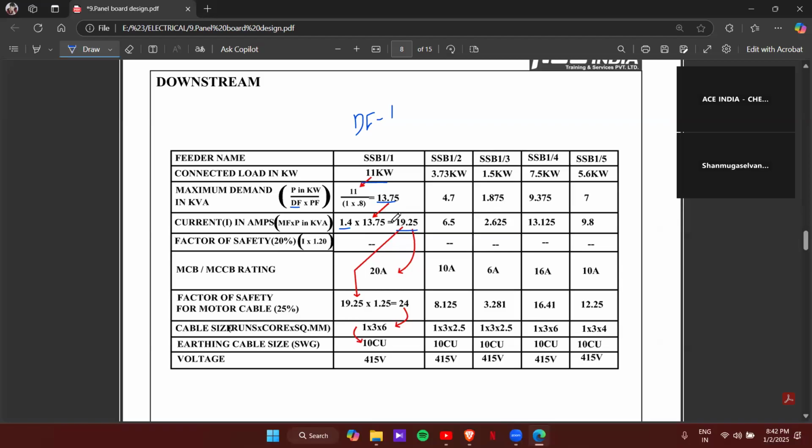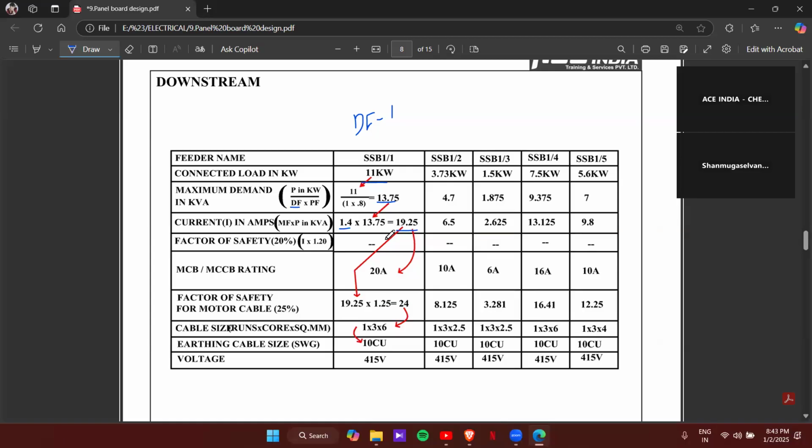And next, usually we do factor of safety for the MCB. But in motor panel, we don't do that. A quick recap for the MCB class: we have 3 classes, B class MCB, C class MCB, and D class MCB. Why is there classification based on class? Because there will always be a starting current. A normal B class MCB is normally used for the essential loads.